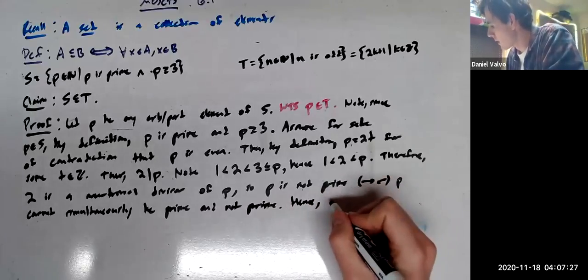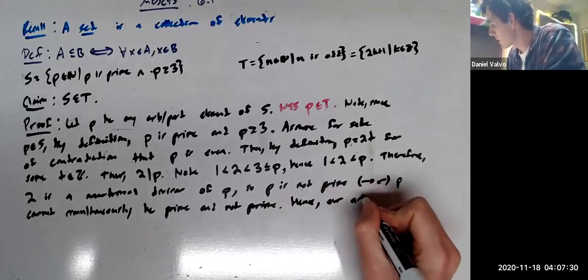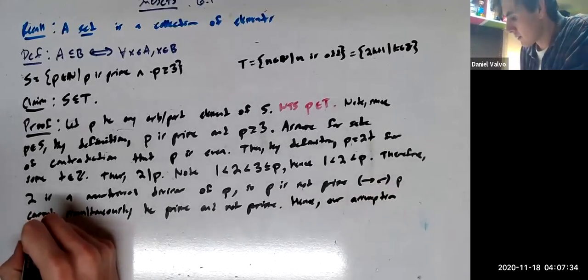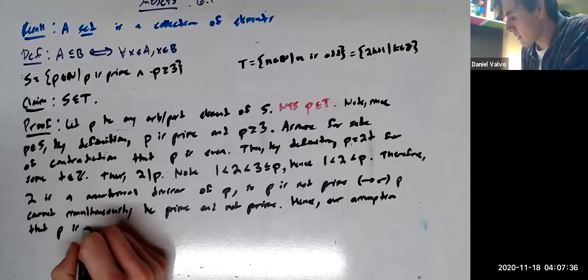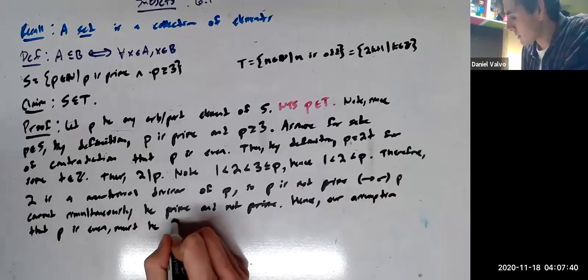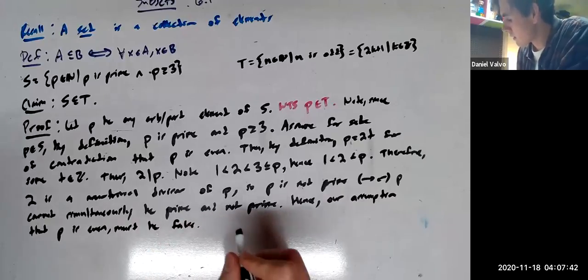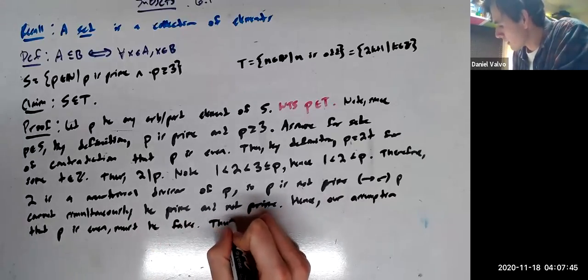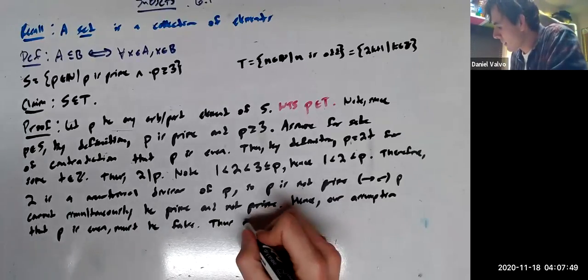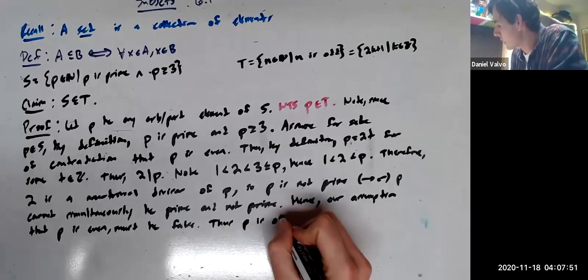Hence, our assumption that p is even must be false. And if p is not even, I've proven before that if you're not even, you're odd. Thus, p is odd.